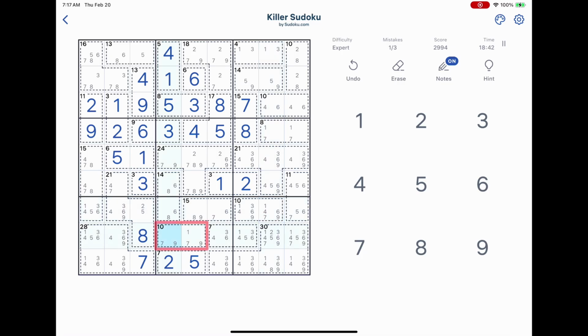Look at the 10 sum in row 8. The only 10 is 9 and 1. Block 8. Complete the sum. Block 5.